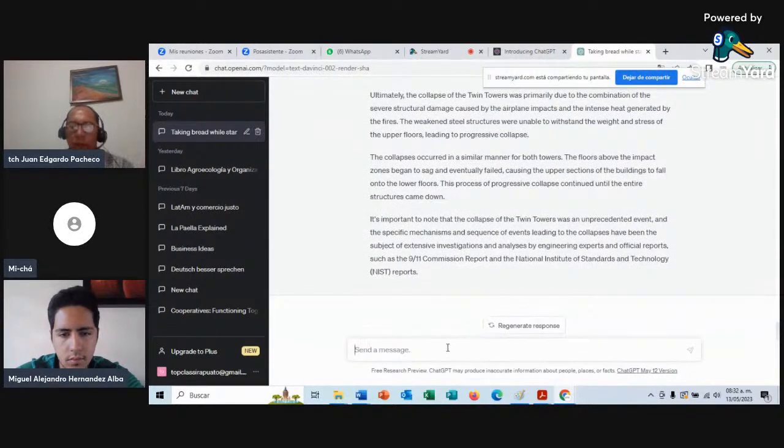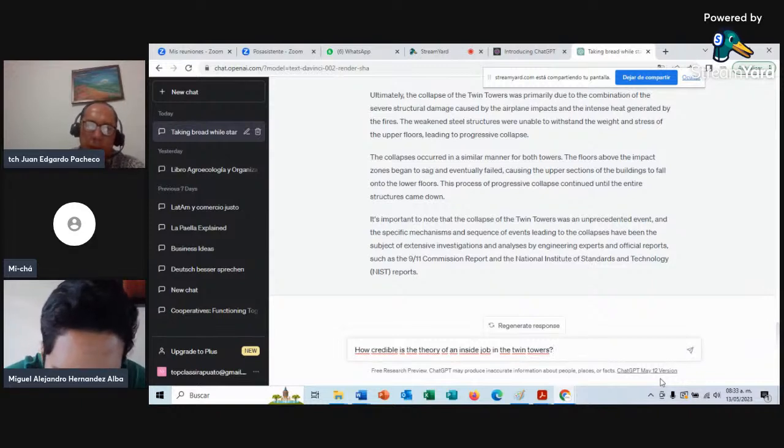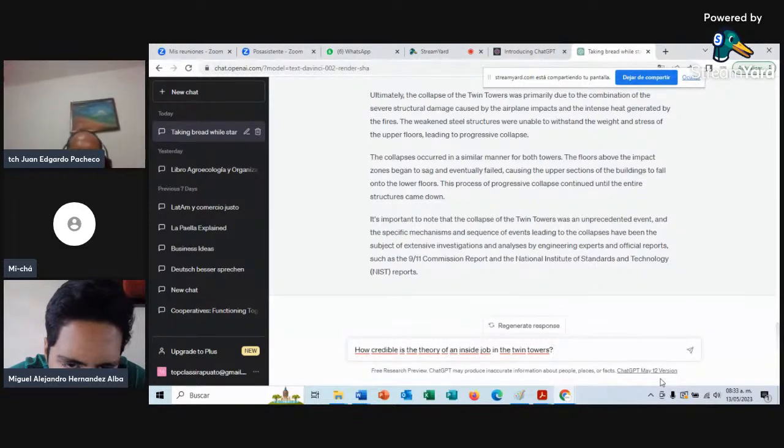Okay, for example, if you ask it, how credible is the theory of an inside job in the Twin Towers? How do you translate this to Spanish, please? ¿Qué tan creíble es la teoría del Inside Job, dentro del gobierno?